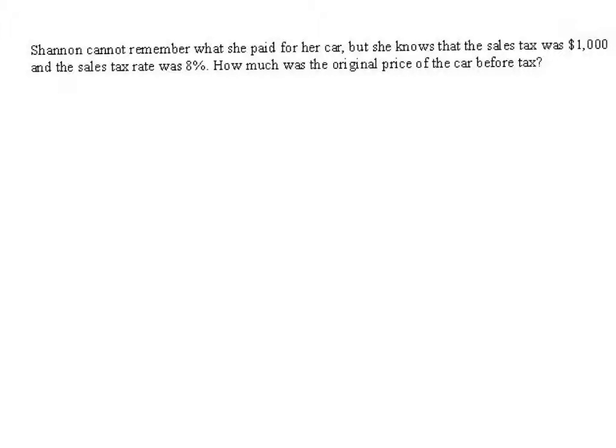Shannon cannot remember what she paid for her car. Okay, but she knows the sales tax was $1,000 and the tax rate was 8%. Okay, Shannon. How much was the original price before tax? Okay, so we need to know 8% of what number is $1,000.